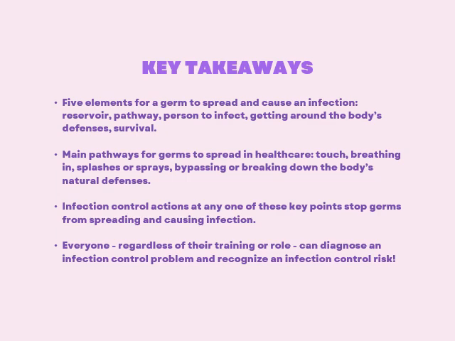To make decisions about infection control, it's important to think about where the germs are, which reservoir or reservoirs you are dealing with, and how the germs might get somewhere else, the pathway. When you understand where germs live and how they might be moved from one place to another or to people, you can recognize the risk for it to happen. Everyone, no matter your training or role, can diagnose an infection control problem and recognize an infection control risk.